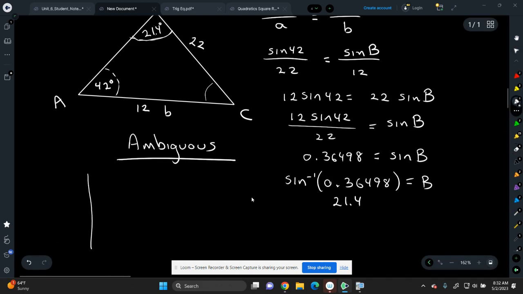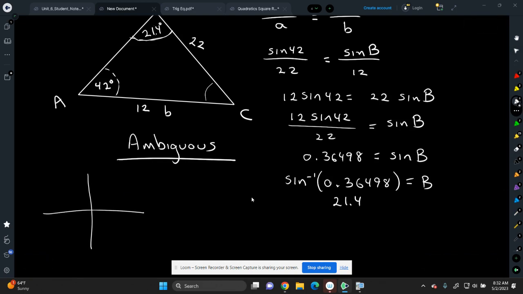So let's just think about our unit circle again. We're talking about sine. So in this particular case, we got 21.4 degrees as our angle. So there's the reference angle. Where else would I have a reference angle of 21.4 degrees when we're talking about sine? Well, it's positive, and sine is positive up here, so it's the top half. So it would be over here.